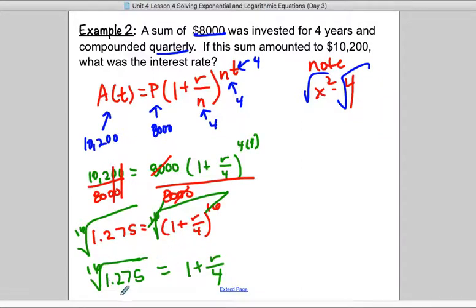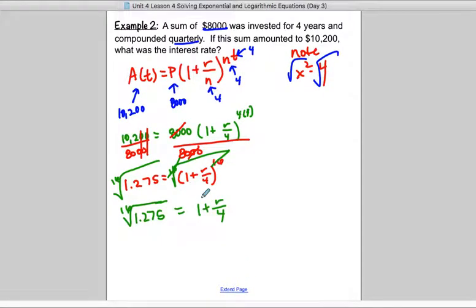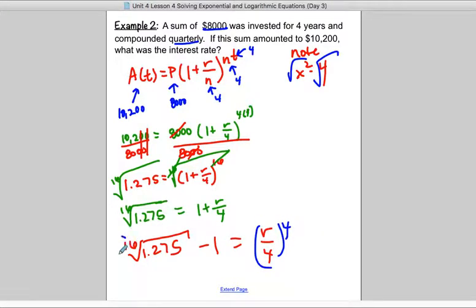Okay. I'm going to wait until I have R all the way by itself because I want the most accurate answer. So from here, to get R by itself, I would subtract 1. Equals R over 4. And then we have to go ahead and times both sides by 4. All of it.